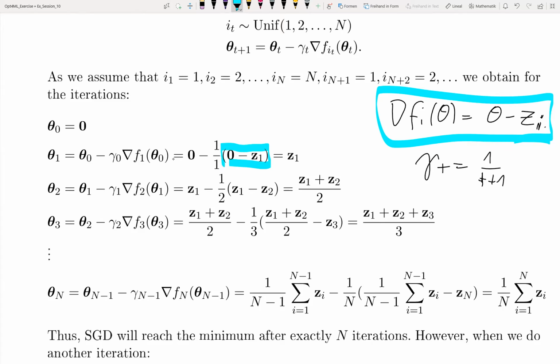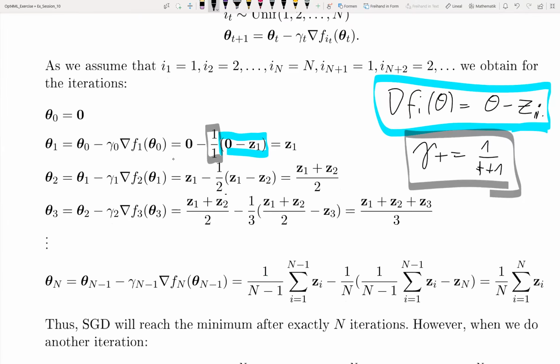So in the first round, it's a 1. Okay, then quite obvious. What do we get? 0 minus z_1 is z_1.